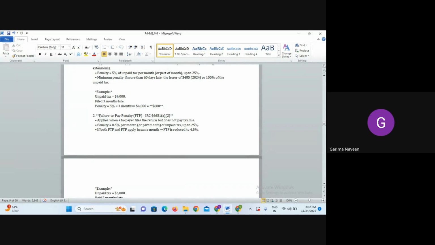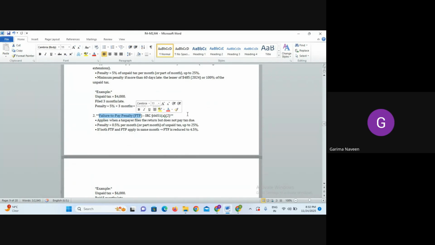But then there is the failure to pay penalty. The IRS says that whatever you are earning, you have to pay the taxes. These taxes should be paid in installments, not completely at the year end. You have to pay your estimated taxes in installments, which have some due dates.